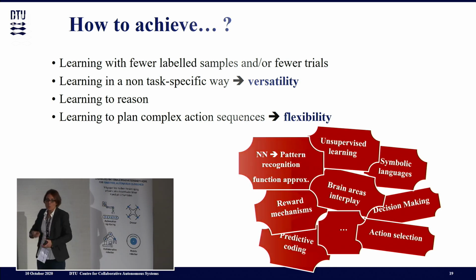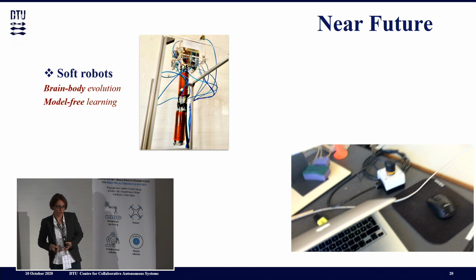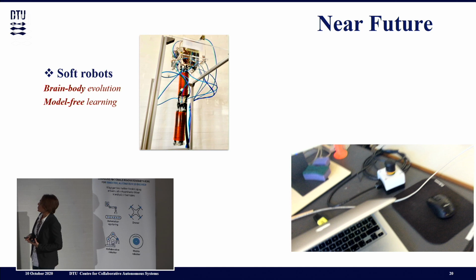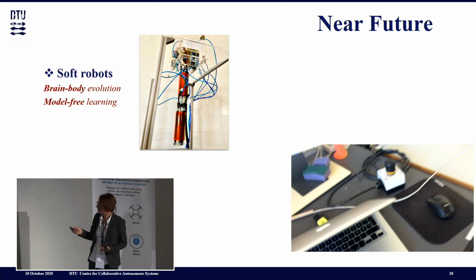What in the meanwhile I can anticipate we are doing for the near future is implementing our brain controllers into soft robots that represent more challenges, you know, especially for dynamic control. And in this way, we aim to reveal more the evolution of the brain-body relationship and make a breakthrough in model-free learning.